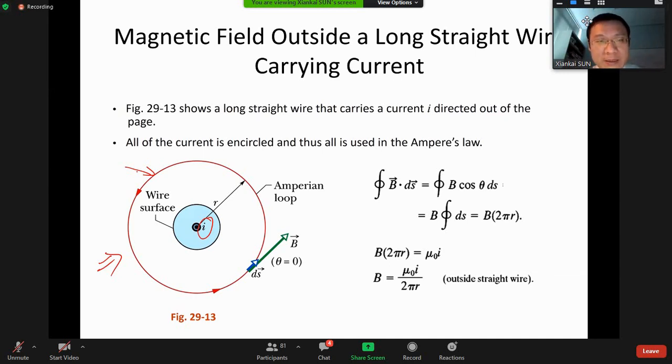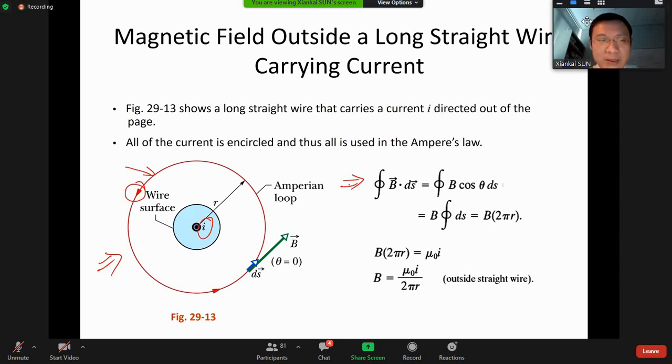In this case, the direction of the Ampere loop is counterclockwise. By using the right-hand rule, you can tell that this agrees with the direction of the current. By using Ampere's law, we can write this formula on the right-hand side: the closed loop integral of B dot ds.